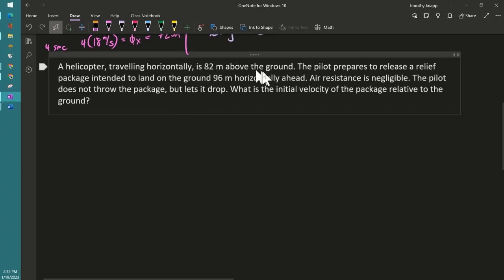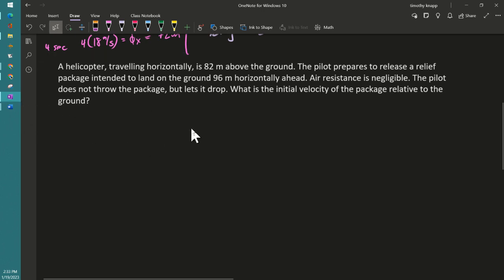While it's 82 meters above the ground, the pilot prepares to release a relief package intended to land on the ground 96 meters ahead. Air resistance is negligible. The pilot does not throw the package, but just lets it drop. What is the initial velocity of the package relative to the ground?